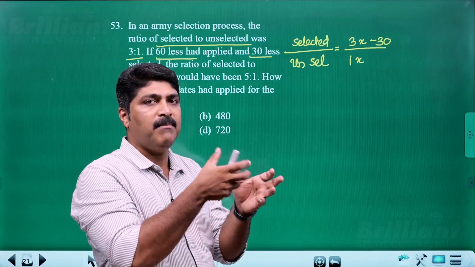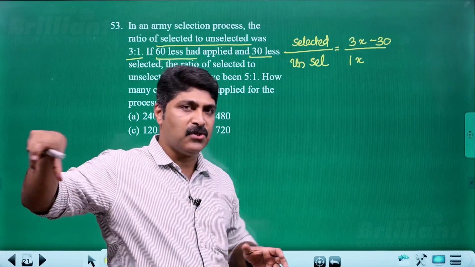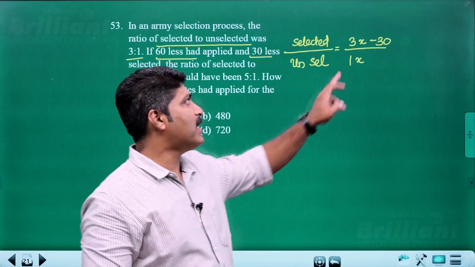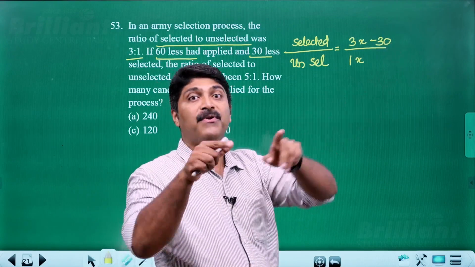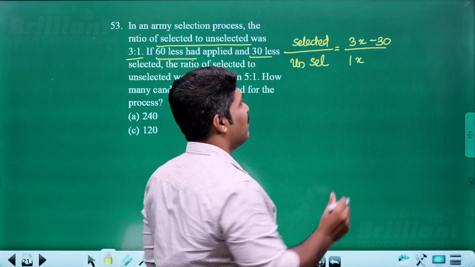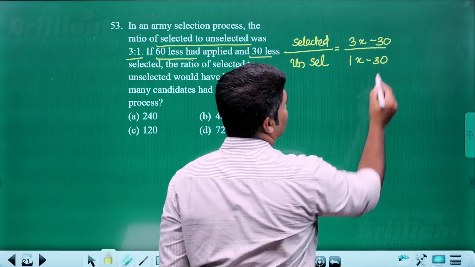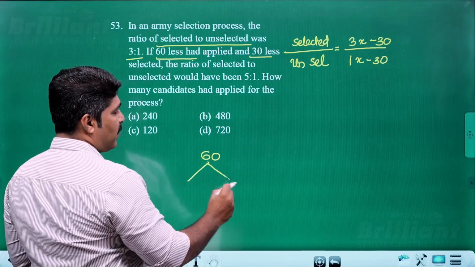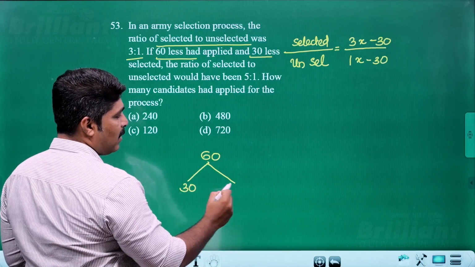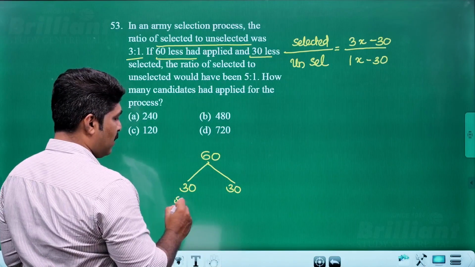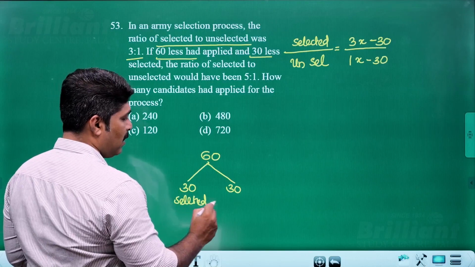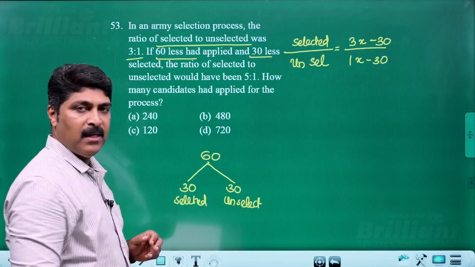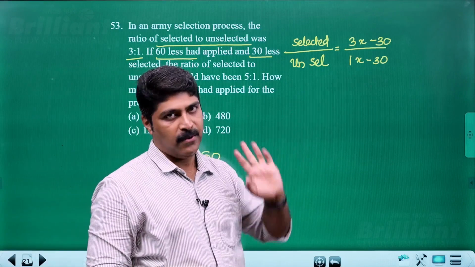From the total number of applicants, we are removing those 60 members. Out of those 60 removed, 30 are selected members. Therefore, the remaining 30 are unselected members. That's the difference here. Do you understand? This 60 fewer applied is separated as 30 selected, 30 unselected. Understand that concept? Therefore, you have to subtract this 30 from the denominator as well.